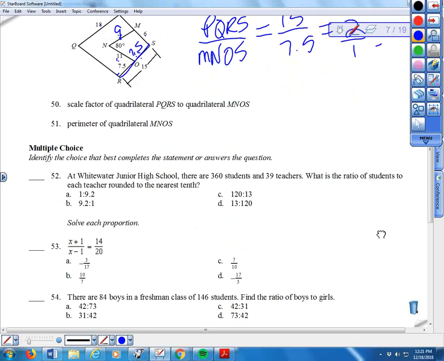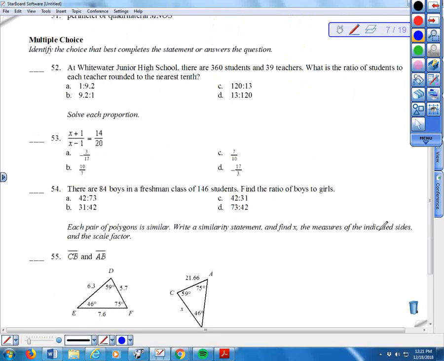All right, multiple choice. At Whitewater Junior High School, there are 360 students, 39 teachers. What's the ratio of students to each teacher? So students has to go on top. Teacher goes on bottom. And I must simplify. 13 goes into 36. Does it go in evenly? No. 10 goes in evenly.